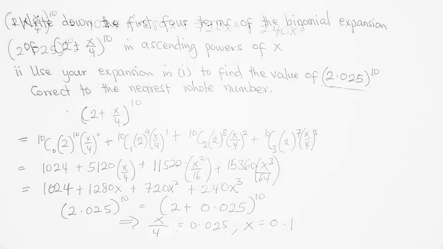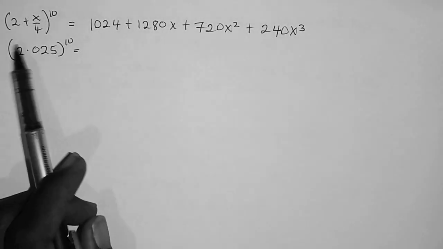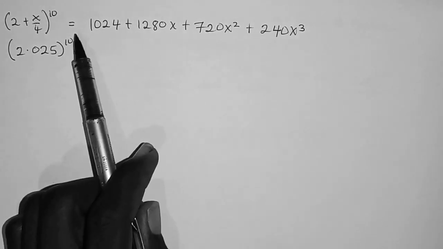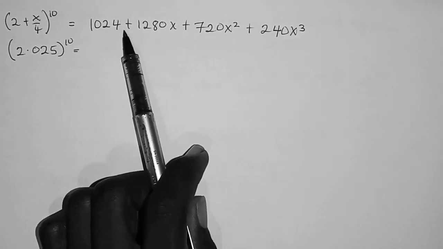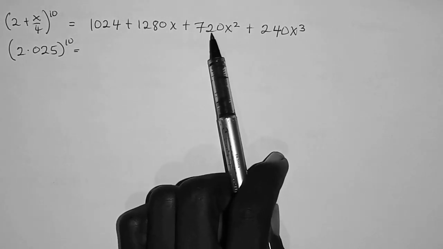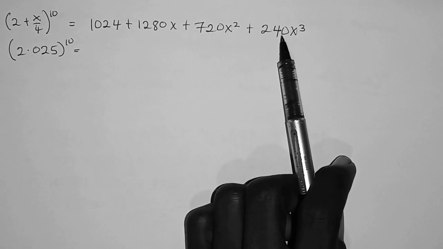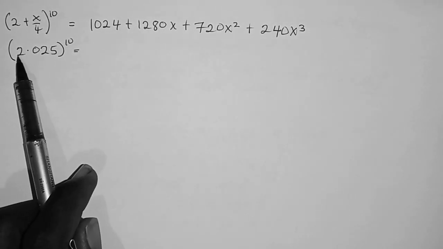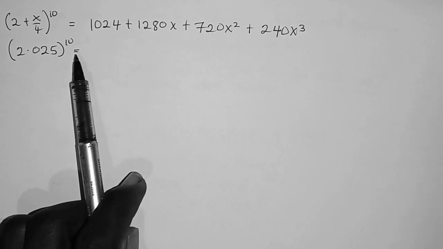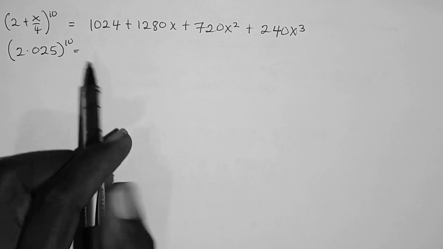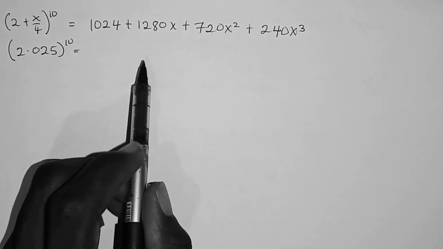of 2.025 exponent 10. So remember that we have already established that the expansion of (2 + x/4)^10 is equal to 1024 plus 1280x plus 720x squared plus 240x cubed. And then (2.025)^10 would then be equal to, but we have already established that x is equal to 0.1.